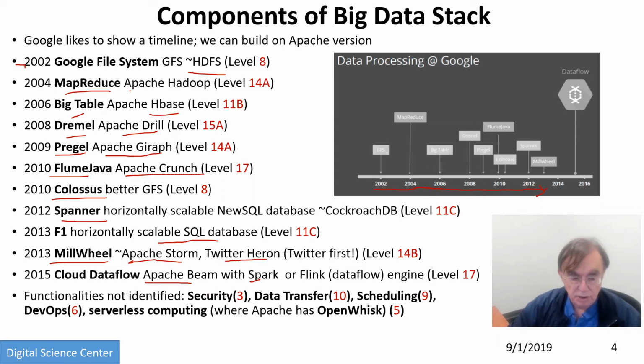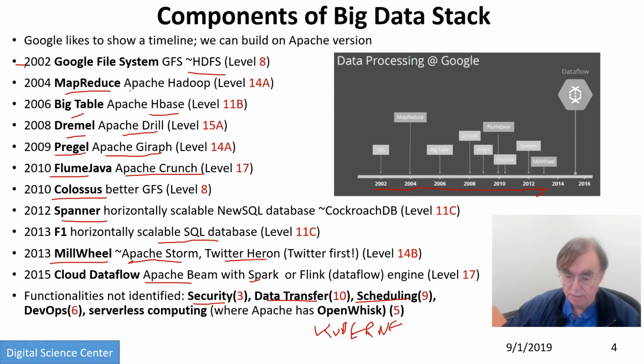Now, there are some areas of great importance where Google hasn't written the seminal paper: security, data transfer, scheduling. Although Kubernetes is pretty important in scheduling, I should probably have put that down. Kubernetes, that's a Google technology, which I didn't put down. Actually, it's not in that plot, is it? They should add Kubernetes to that plot.